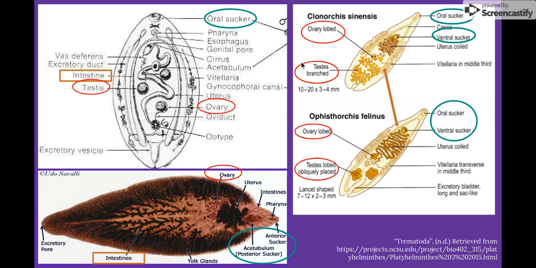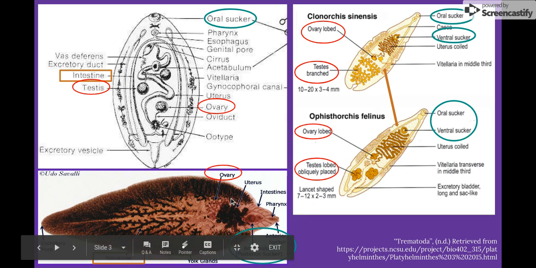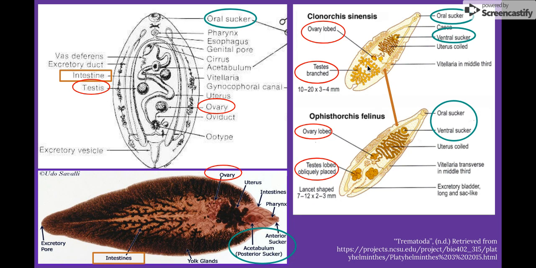So the male and female parts differ a little. Here they look exactly the same. This is a blood fluke, and on here only the ovaries were labeled. I'm not quite sure if it does have testes or where they might be, but looking at the ones you'll encounter more, you have the ovary, and that comes before the testes.